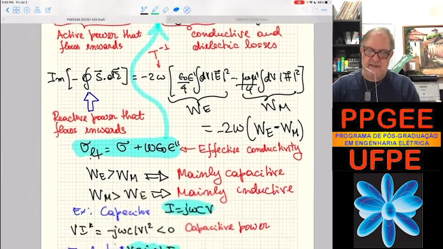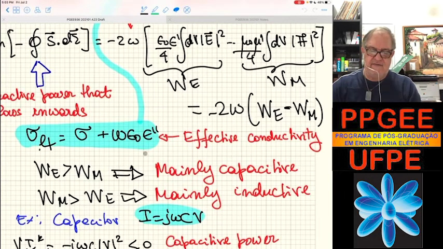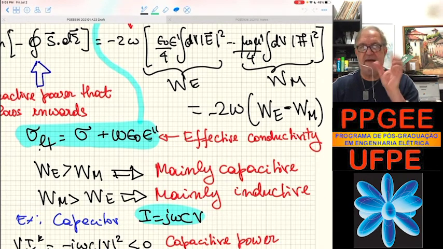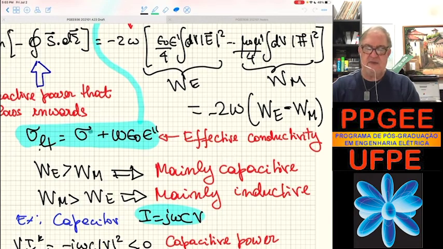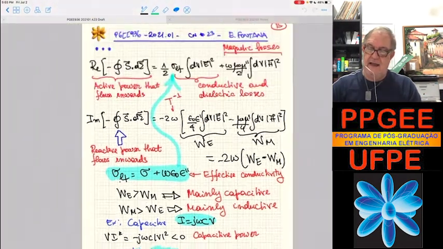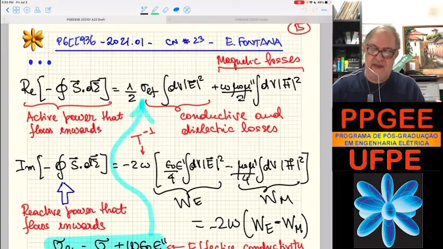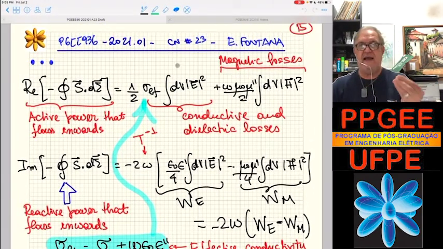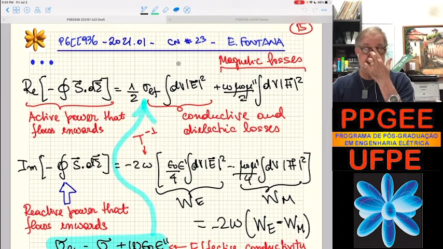Why? Because the conductivity effectively is sigma plus that contribution due to the dielectric losses, which is equivalent to an effective conductivity added to the already existing conductivity, okay? So that's what we get. So it shows why you have those imaginary parts always positive, right?